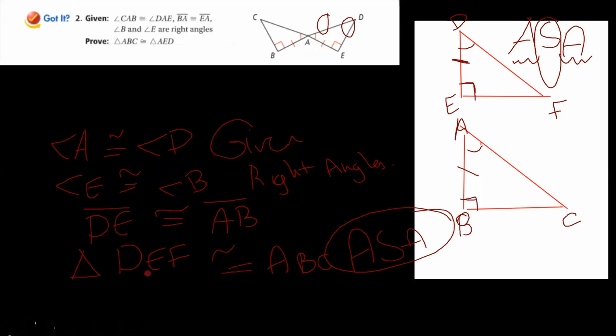Now, let's see this one here. Given that angle CAB is congruent with DAE. They are congruent, given.